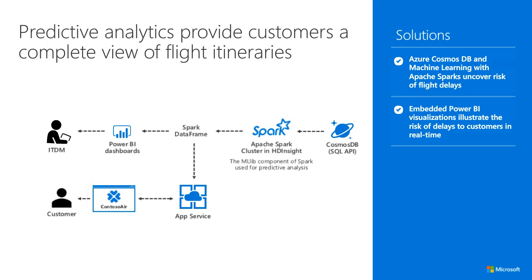And then that can be piped into either an application service so that people, when they go onto Contoso Air, can see the latest status update for their flight, or it can even be hooked up to a notification hub so that they do get alerts when flights are delayed. And you can also do that to the Power BI dashboard so that the internal customers, the people who are maintaining flights, the people who are analyzing how the actual business is running for this fictitious airline, can actually check how the flights are running.